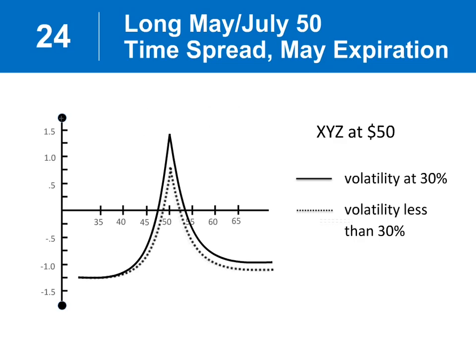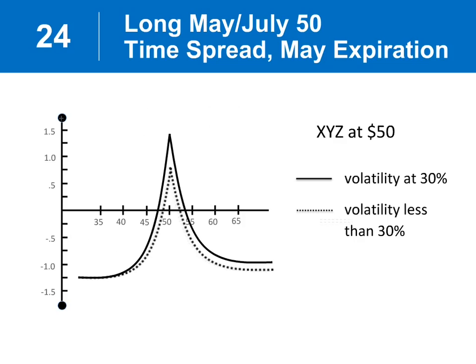Because as we mentioned, when we talk about a long call spread, we've bought time. And the more time we own in an option, the more volatility we own. So it's a long volatility spread. So if implieds are less than 30, it's fairly obvious that we still have potential to take home a profit, but that profit is going to be less than if the vols had stayed at 30 or gone higher.